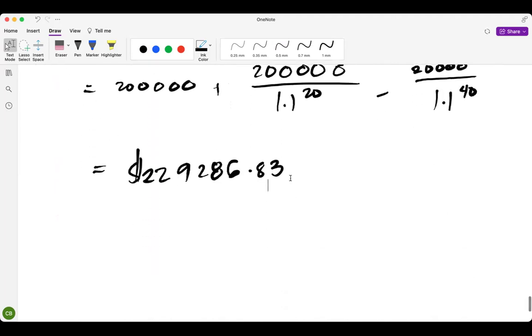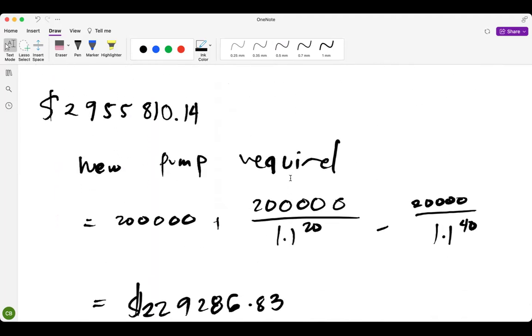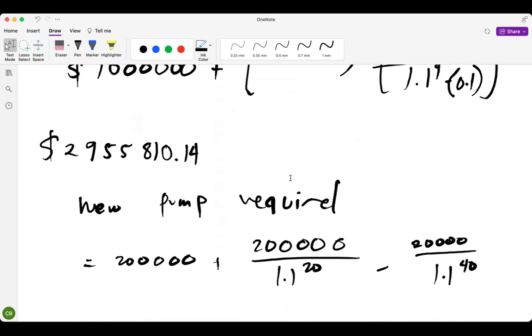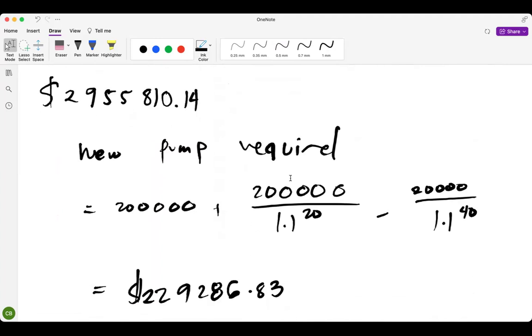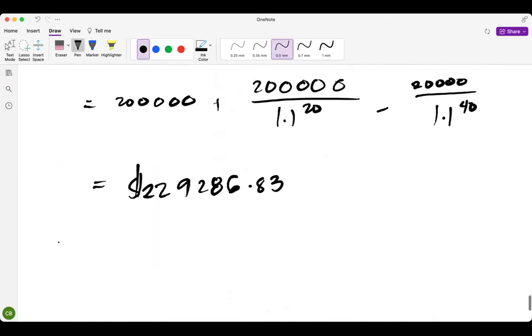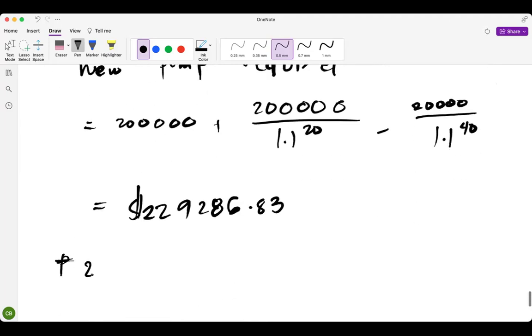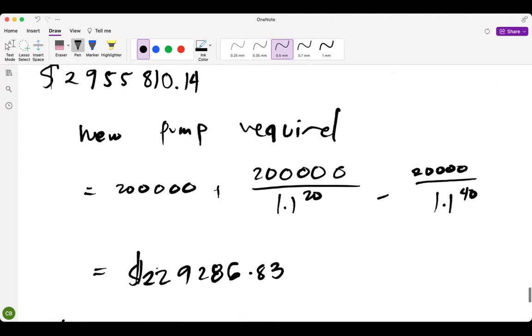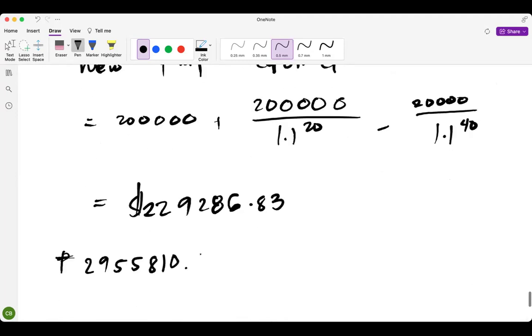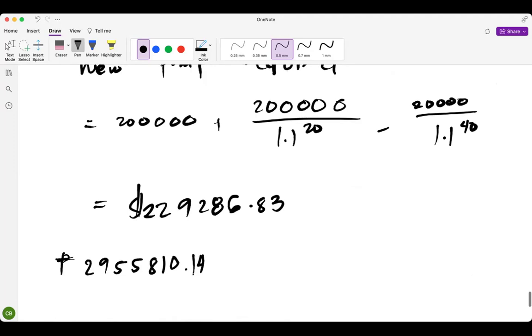And then we add the first cost for plan B. So the total present worth for plan B would be 2,955,810.14 plus 229,286.83.